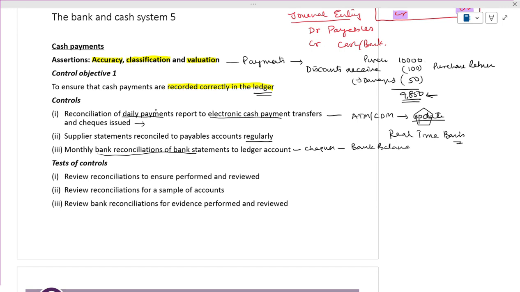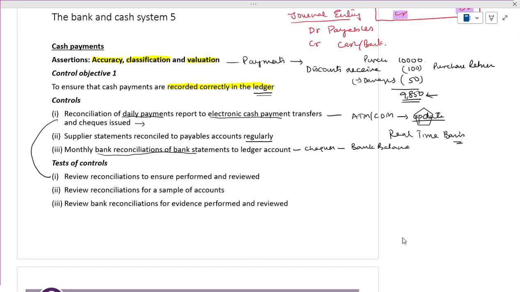There is a timing factor, and now with international time zones, you will get the bank statement after 8, 12 or 18 hours. But that's not what we are talking about. We are very concerned about the bank reconciliation statement with the ledger to whom we have paid. Otherwise, if it is not updated, we cannot know the current balance. Okay, review what you are doing. We are reviewing the reconciliation to ensure it has been performed.